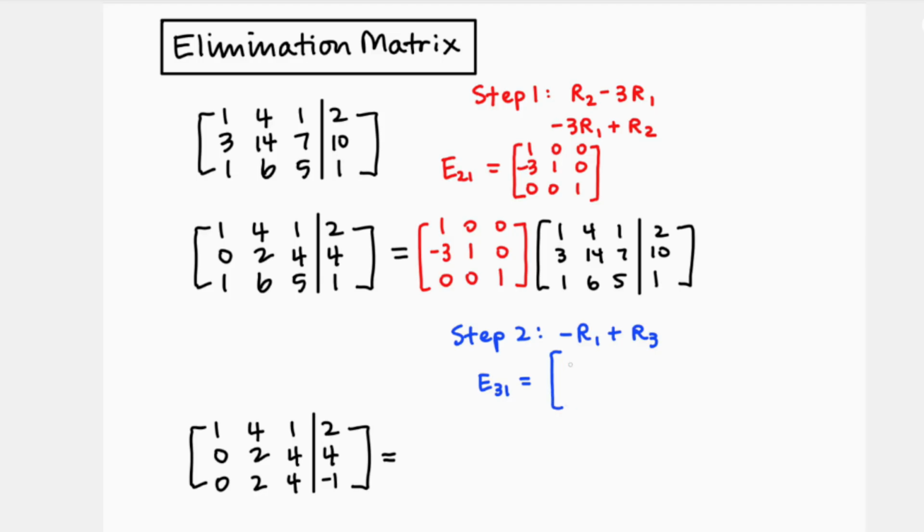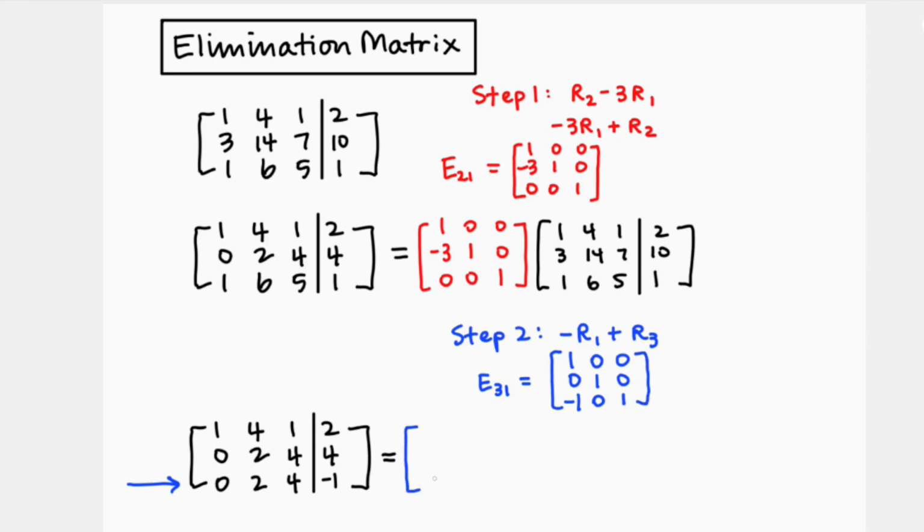Okay, I didn't do anything to the top row, so I'm just going to leave that there, 1, 0, 0. I didn't really do anything to the middle row either, so I'm going to call that 0, 1, 0. And then on the third row of the product, right here, I got that by taking -1 of the first row and adding it to 1 of the third row.